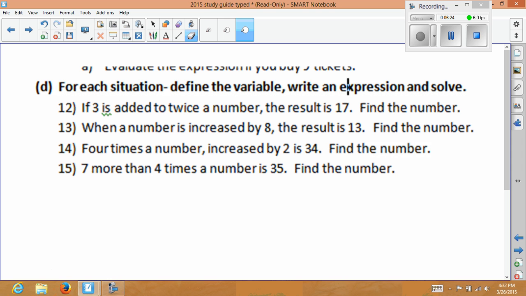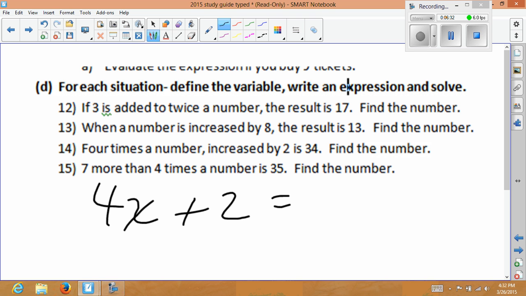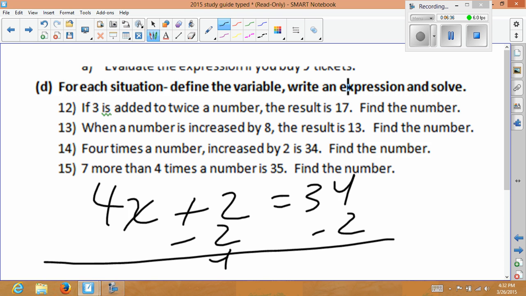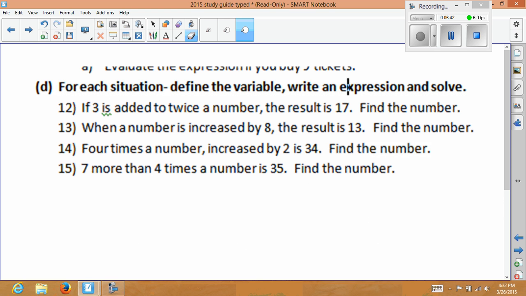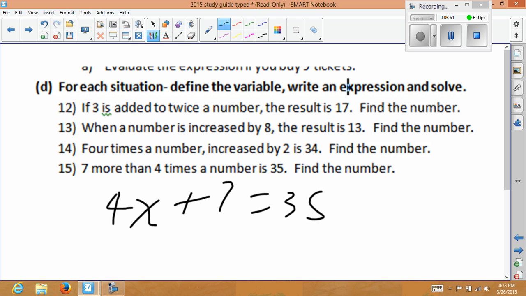Next one, 4 times a number increased by 2, so that'll be 4x plus 2 equals 34, minus 2, 4x equals, and so forth. And the last one's a little trickier. 7 more than 4 times a number, so it's going to be 4x plus 7 equals 35. And then work it out.